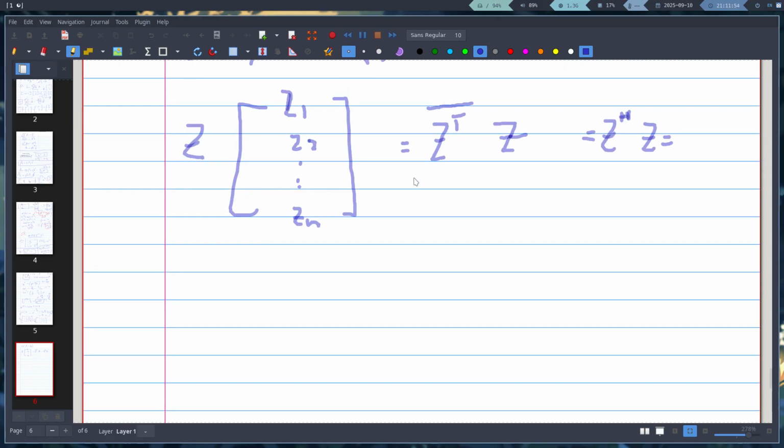Suppose z was just 1 and i, and then we transposed and conjugated that, so it'd be 1 and negative i, and then we took this product. You can see that we just get 1 plus 1, which is 2. Length squared is 2, so we're good to go there. But this otherwise would not work had we just taken z transpose z by itself. It does not work that way, unfortunately.